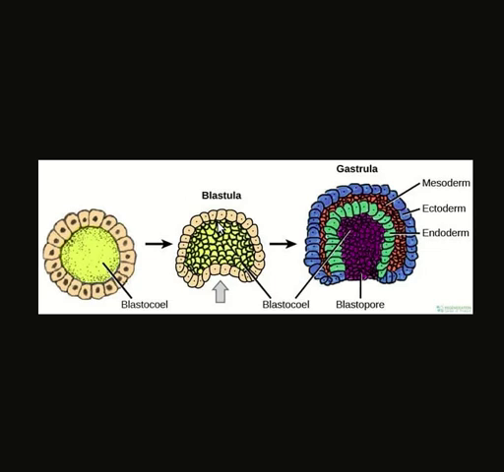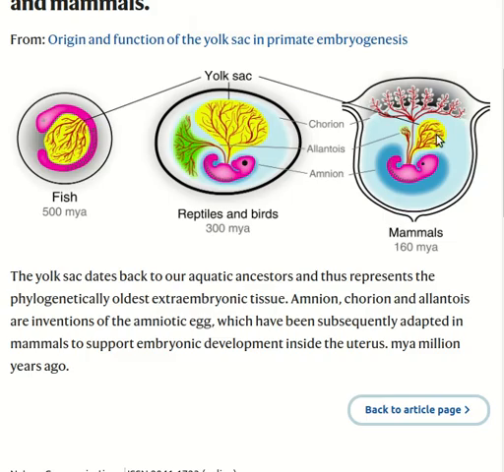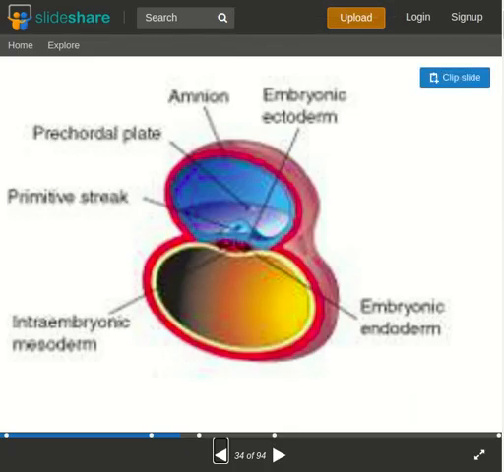In week 2, the embryo is now about 0.2 millimeter diameter in size, and the 3 embryonic spaces are present. We can see the yolk sac, the amniotic sac, and the chorionic sac.